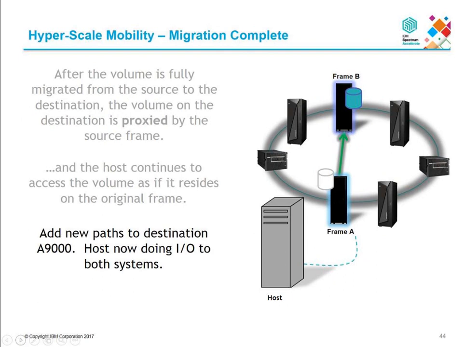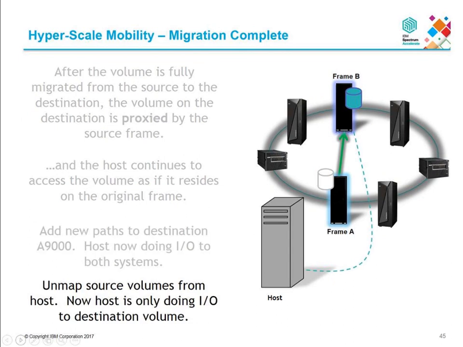to the new 9000. If it doesn't happen automatically, which it sometimes does, I can issue a command to rescan the bus to pick up the new path. And then once I'm assured that I've got new paths, I can unmap that volume from the first A9000 from the host, and the host is now only using the new paths.